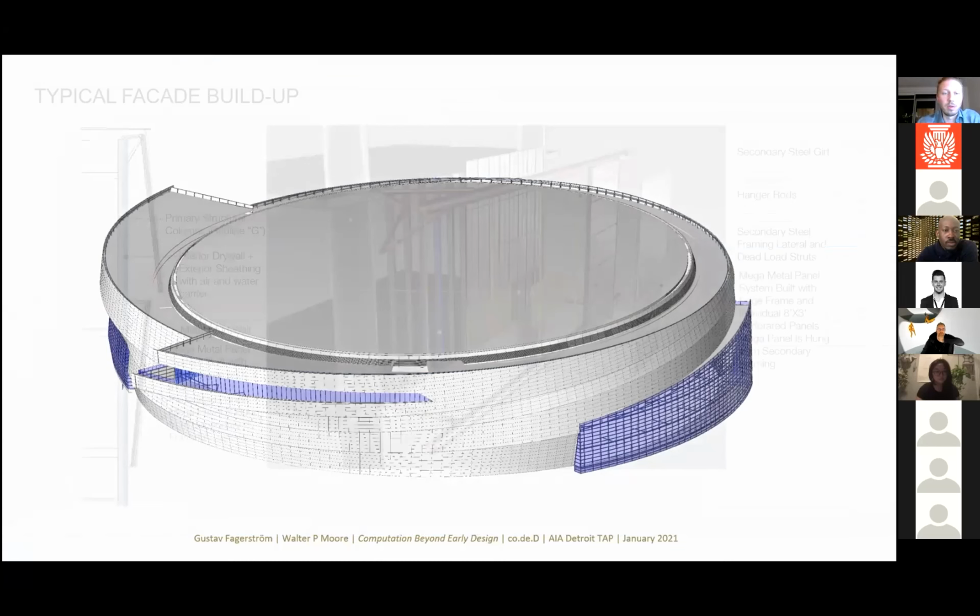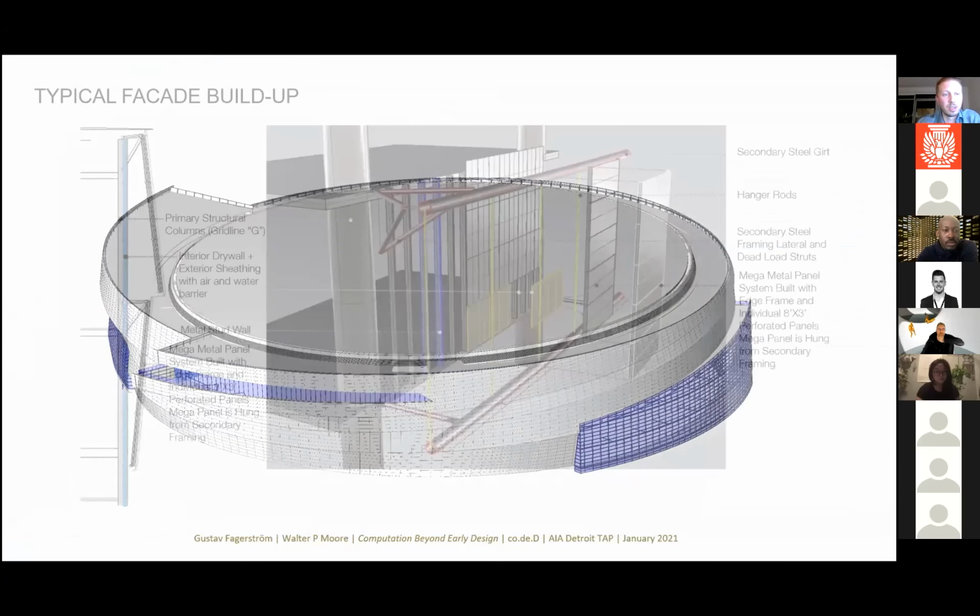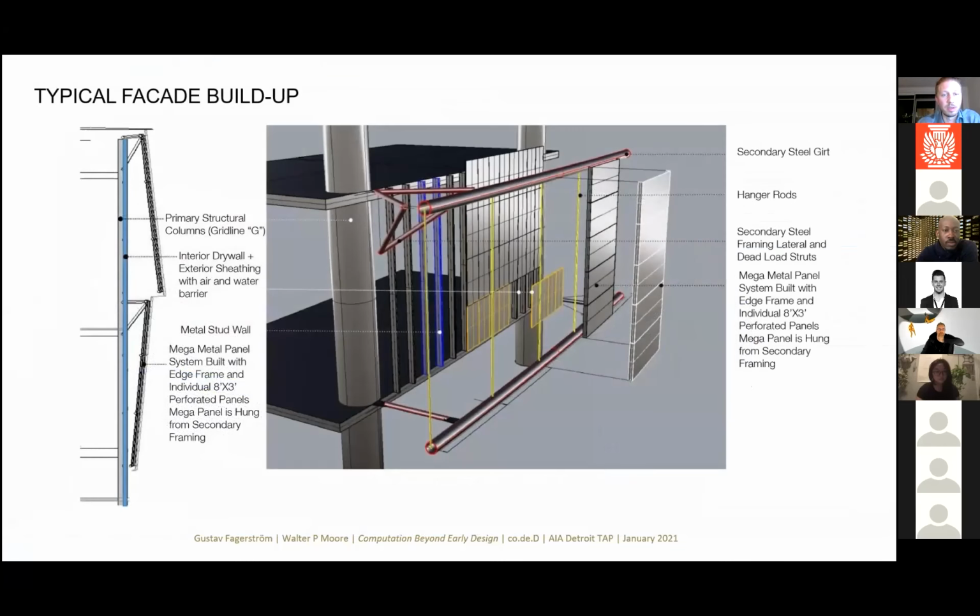So if we zoom in a little bit and look at what's actually the architectural system at play, if you look at the exploded axonometric, you see to the back there are the primary structural columns, which were engineered by somebody else. We did not do that.